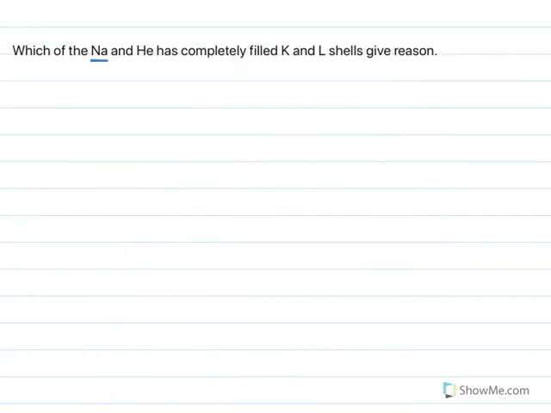Which of them, sodium or helium, has completely filled K and L shells? Give reason. For this we must know the atomic number. Sodium atomic number equals 11.